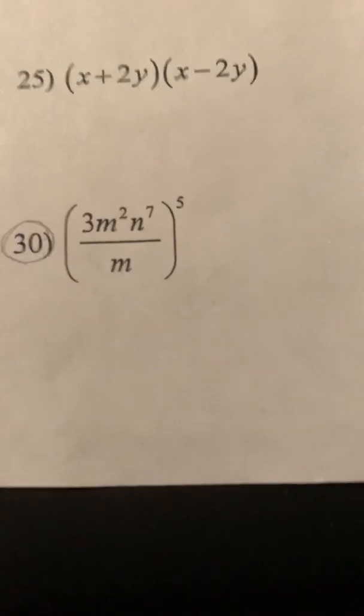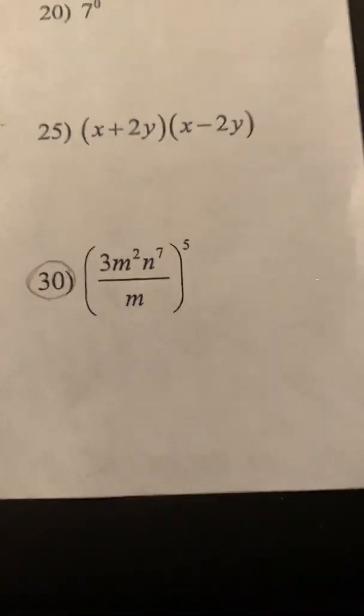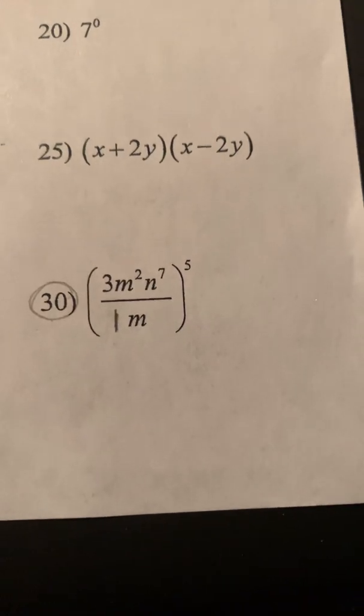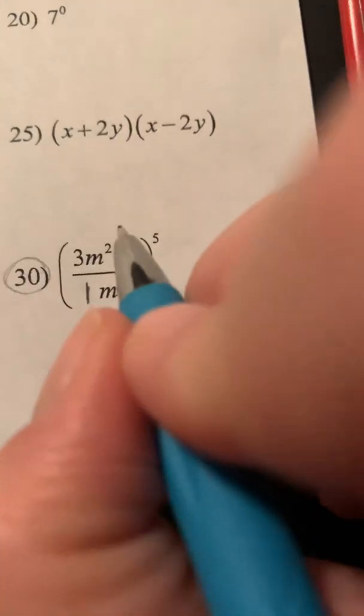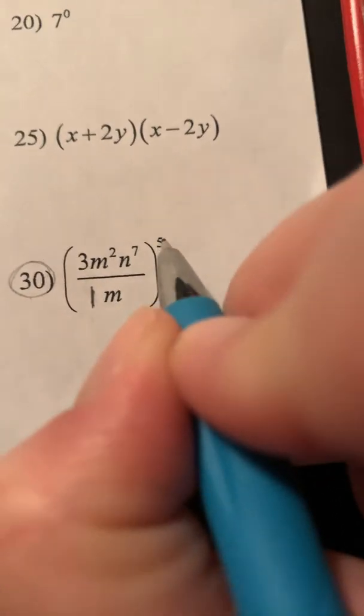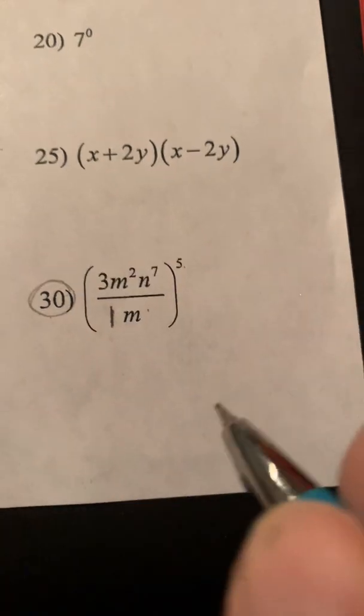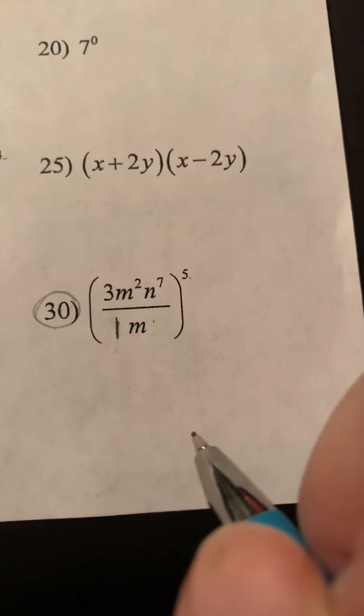Then the last one that we will do is this one right here. I'm going to go ahead and put a 1 down here. Now, this 5 goes with every single term, even what's down below.